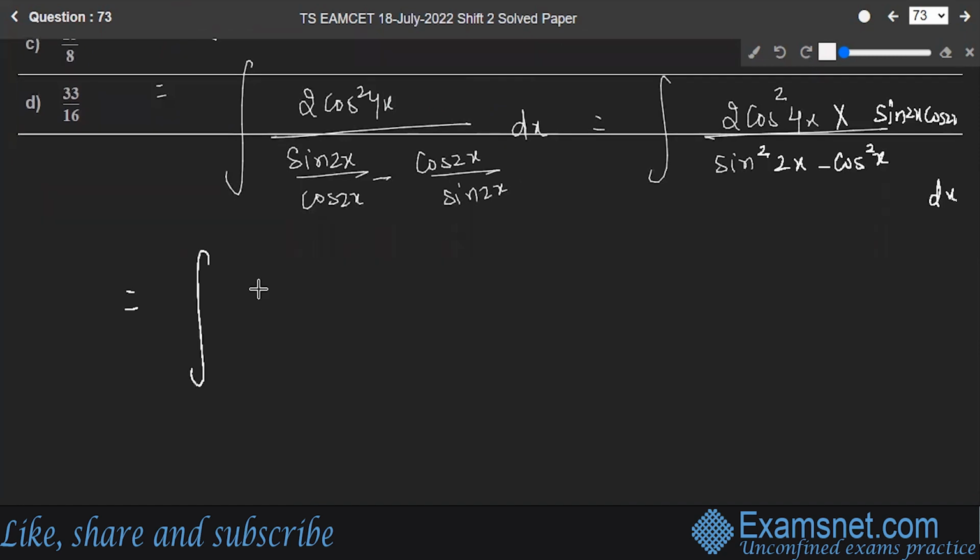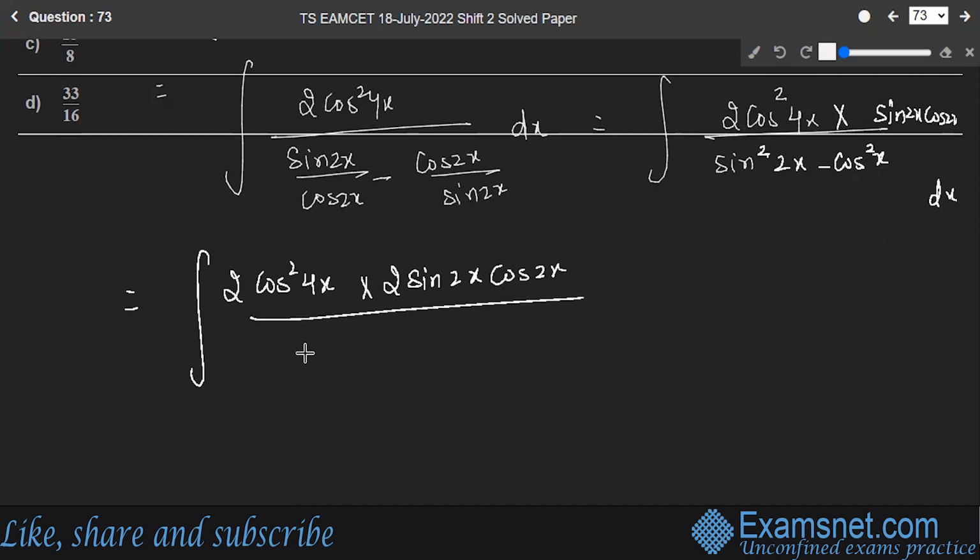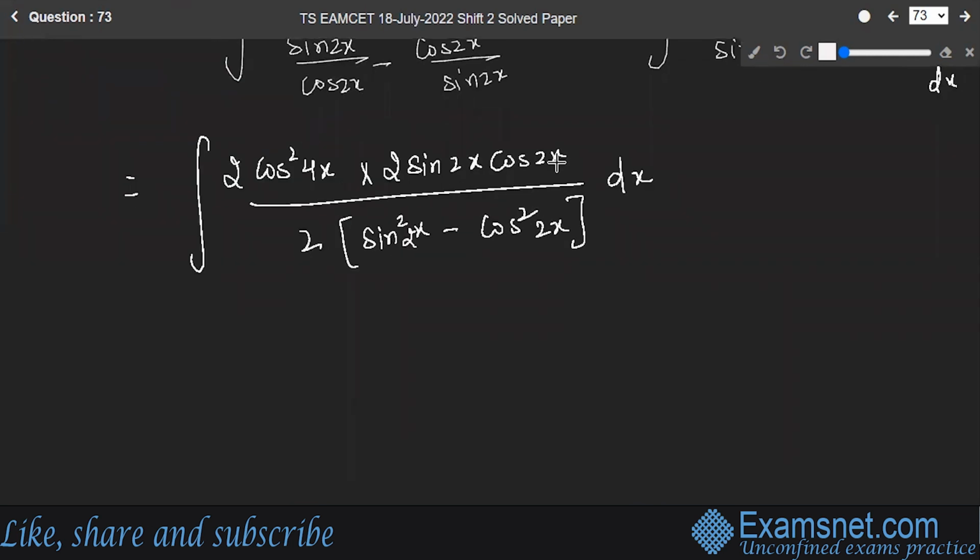So this is equal to 2 cos square 4x. Now let's multiply the numerator and the denominator with 2. You will have into 2 sine 2x cos 2x upon 2 (sine square 2x minus cos square 2x) dx.